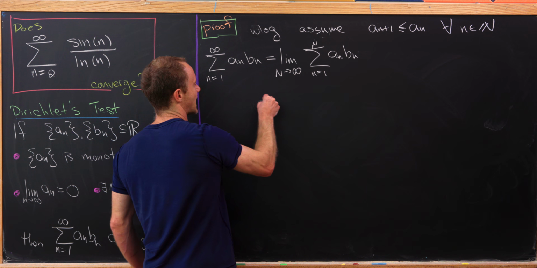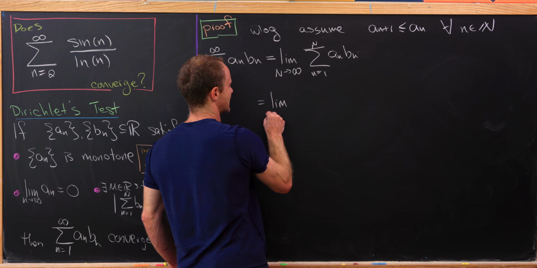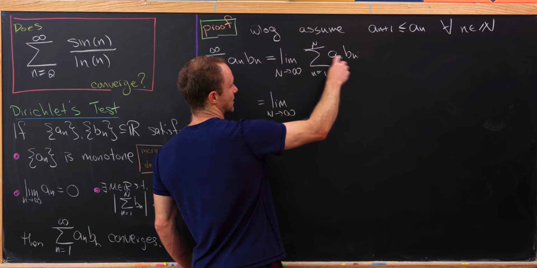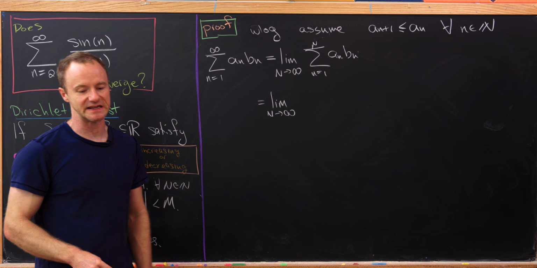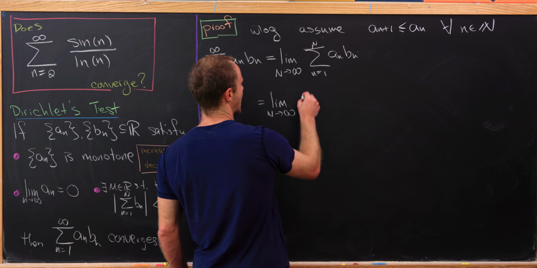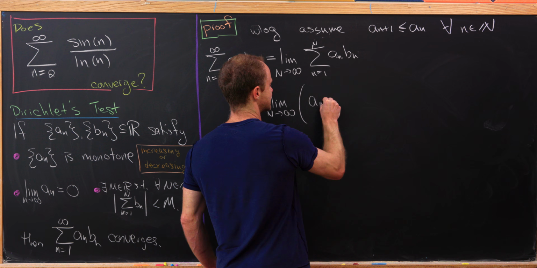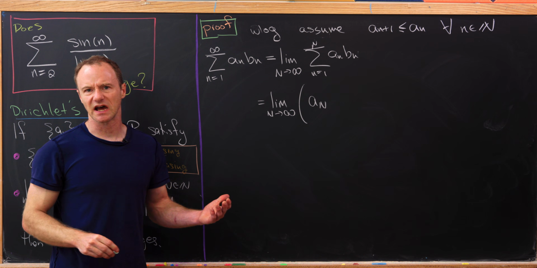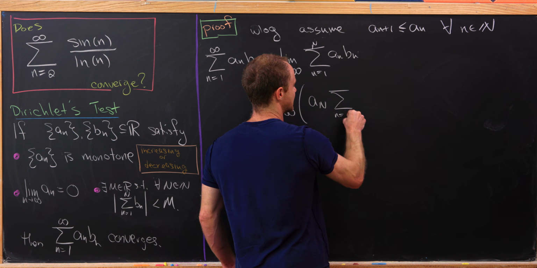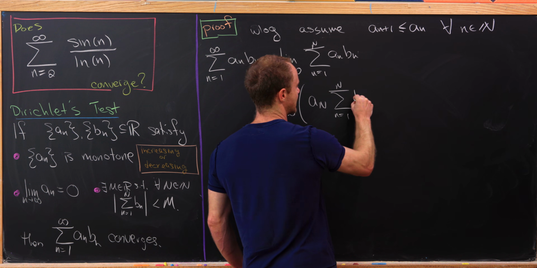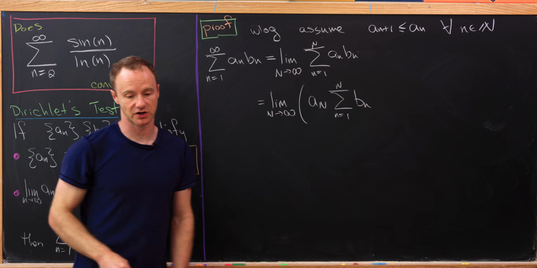Okay, so that allows us to take this term right here, which is a bit hard to deal with, and turn it into something that's a little bit easier to deal with. And that'll look like this. So we'll have a sub capital N, so that's the top A term, and then we'll have the sum as n goes from 1 to capital N of the b sub n terms.